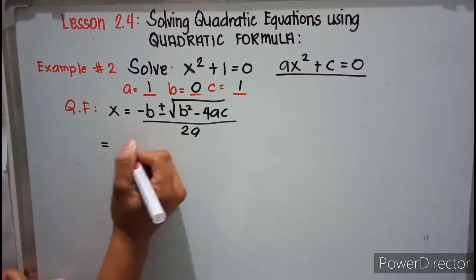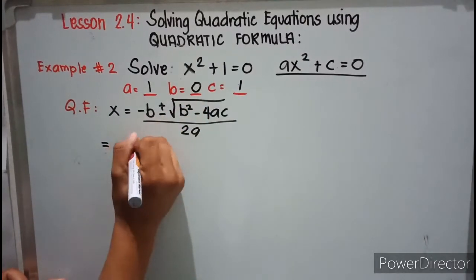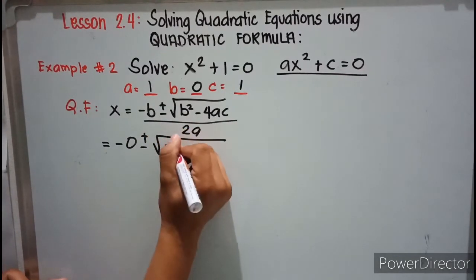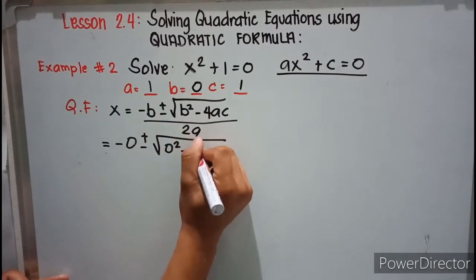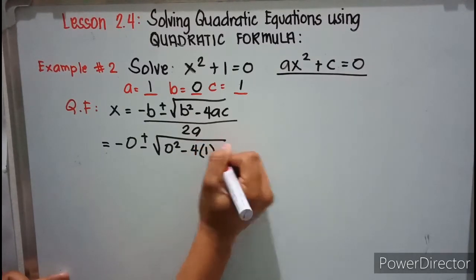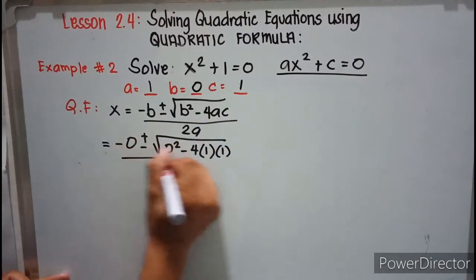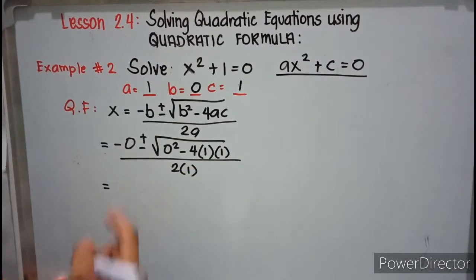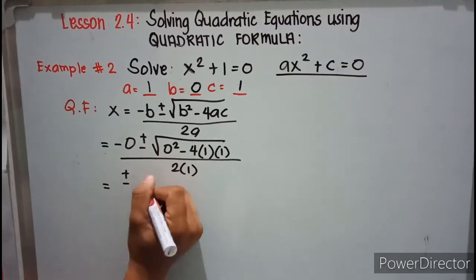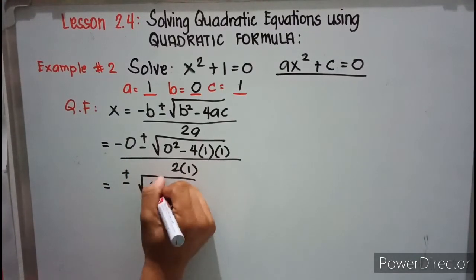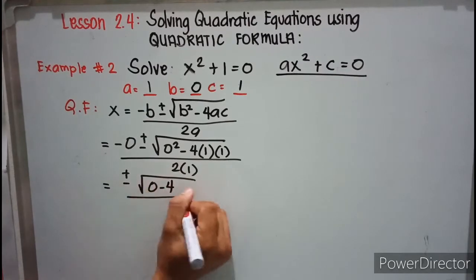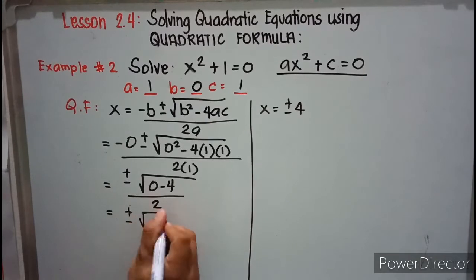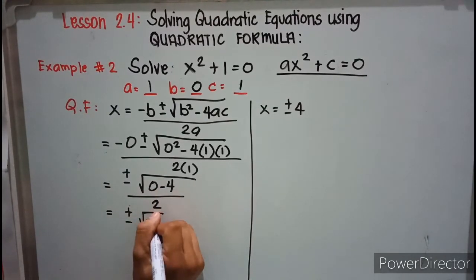So we will have negative 0 plus or minus square root of 0 squared minus 4 times our a is 1 and our c is 1, all over 2 times 1. So we have negative 0, that is 0. So we will have plus or minus square root of 0 minus 4 all over 2. So equals plus or minus square root of 0 minus 4 is negative 4 over 2.